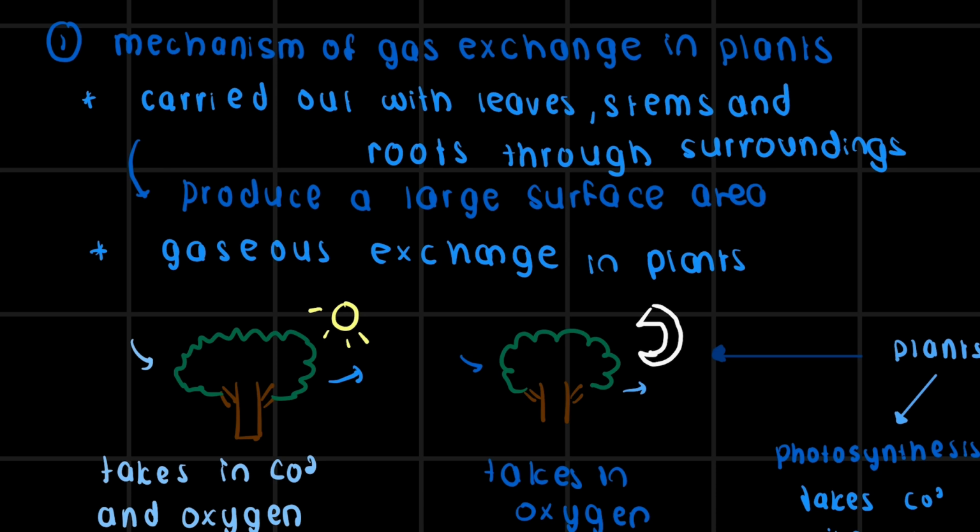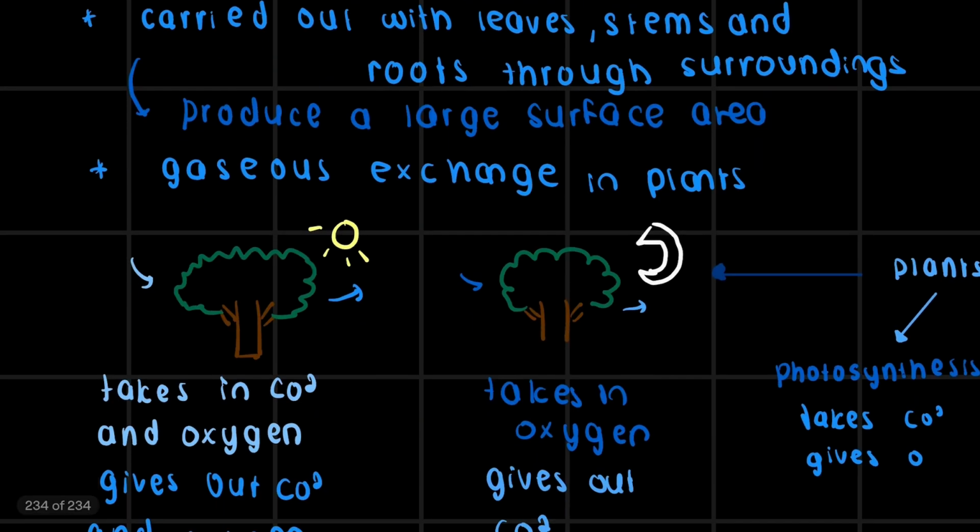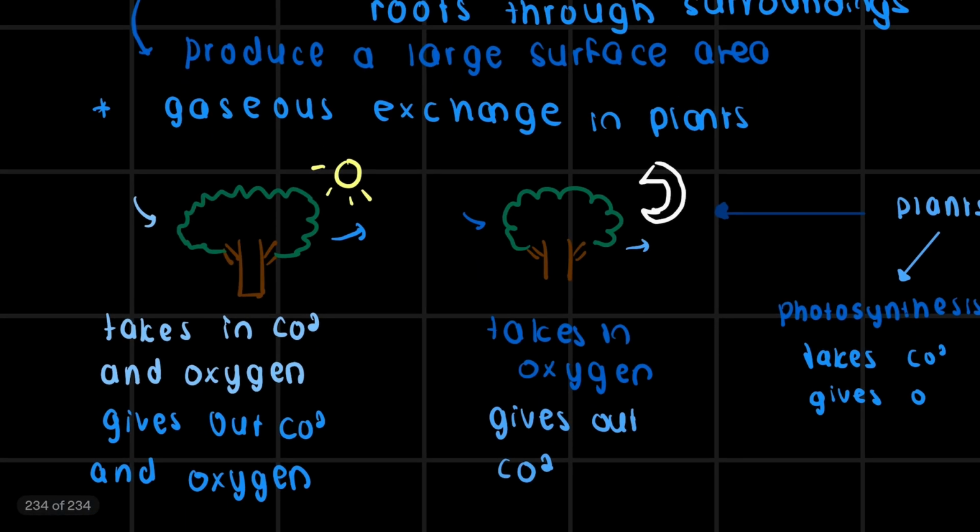Okay, so if the question asks you what is the function of an aerial root of mangrove plants, you can specify that it produces a large surface area to maximize the rate of respiration for plants. Respiration / photosynthesis. Okay, so gaseous exchange in plants happens in day and night.